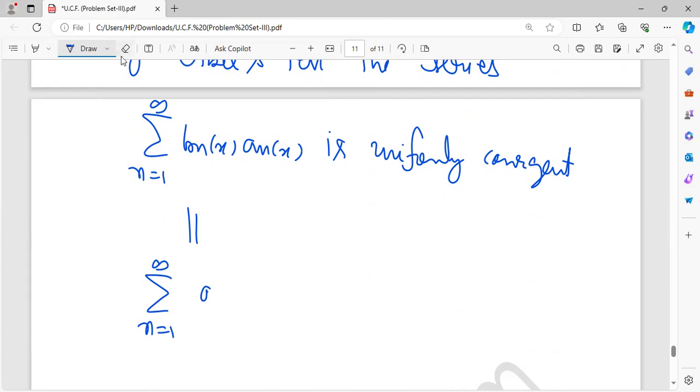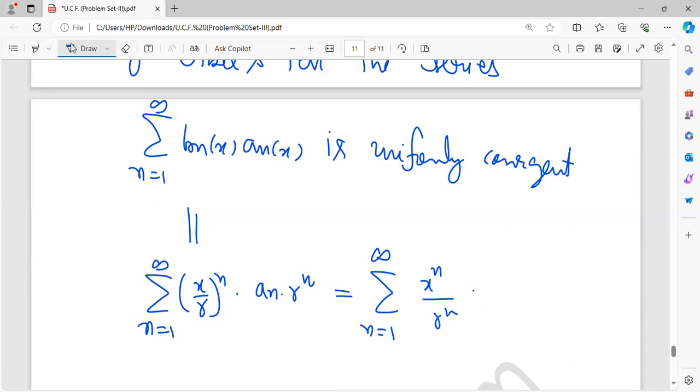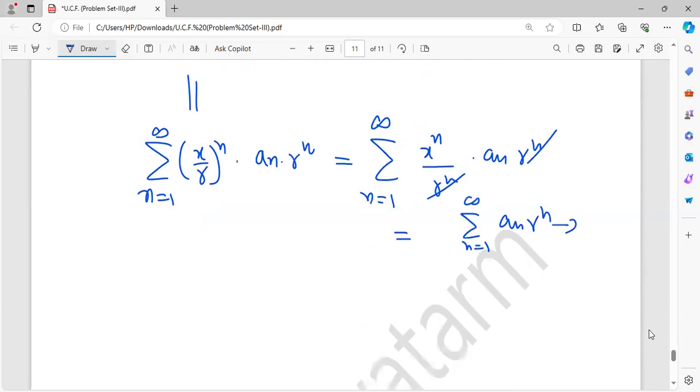This is (x upon r)^n times a_n r^n, so x^n over r^n times a_n r^n. The r^n cancels out, so this is the sum from n equals 1 to infinity of a_n x^n. It means this is uniformly convergent, because this series is uniformly convergent.